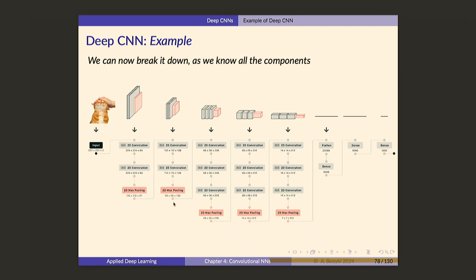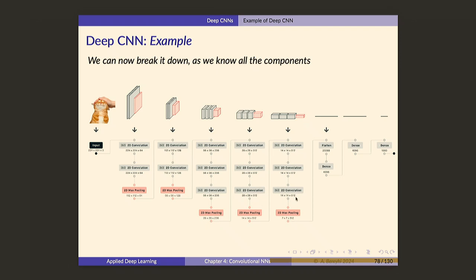So again, you can see here we are doing the same convolution, then we do pooling, then again we come here and increase the number of channels, so now we double the number of channels to 256, and then we repeat the convolutions and pooling, convolution, pooling, convolution, pooling up to this point.